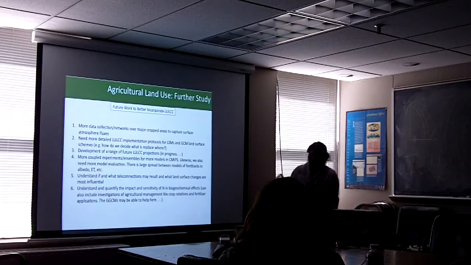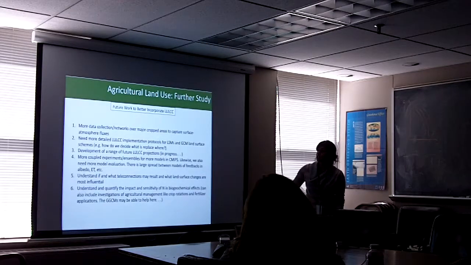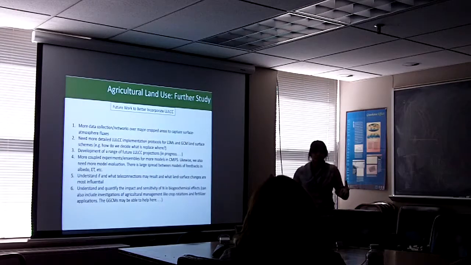Okay, I'm going to skip to the end here, but these are some areas of development identified in the literature. We need to understand teleconnections and need better implementation protocols. What do we do about replacing the natural vegetation that's there? We need more coupled experiments from CMIP5 looking at these land use trajectories.